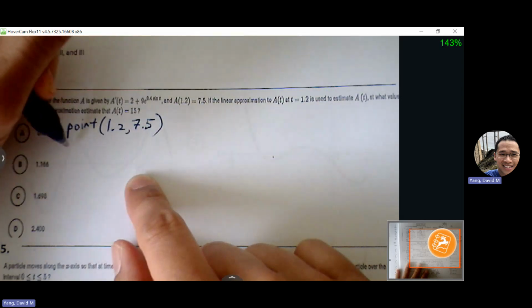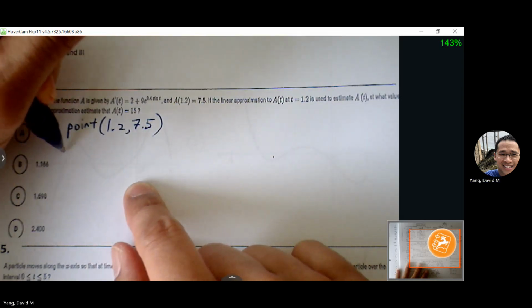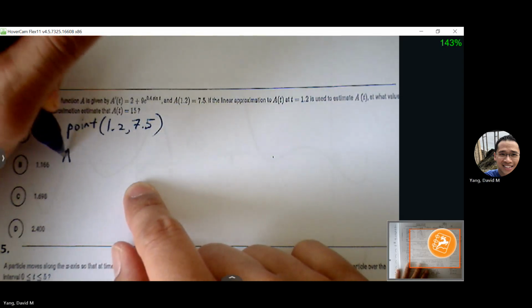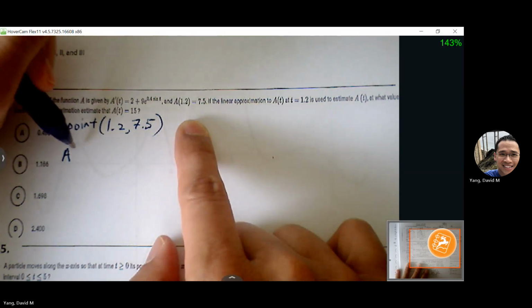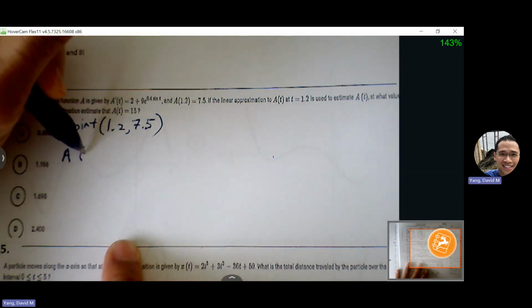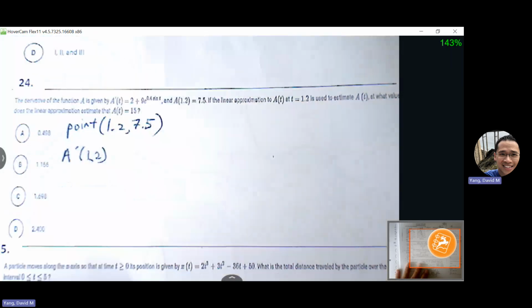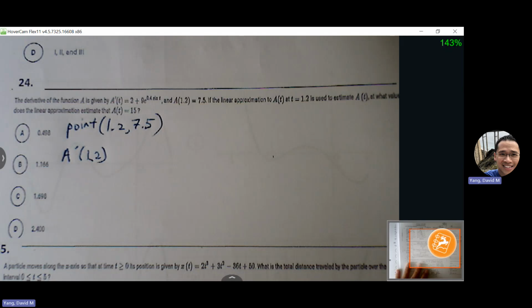My slope is A prime of 1.2. And I already have the derivative, so I don't have to do any more math. I can just plug that 1.2 directly into my derivative function.